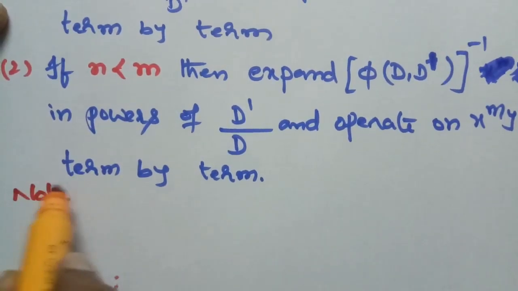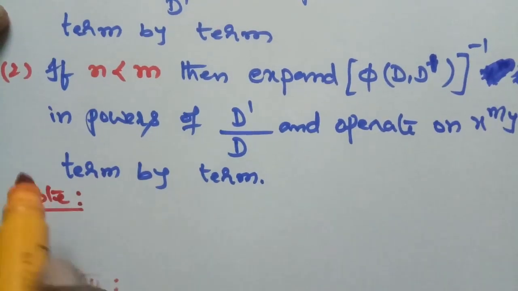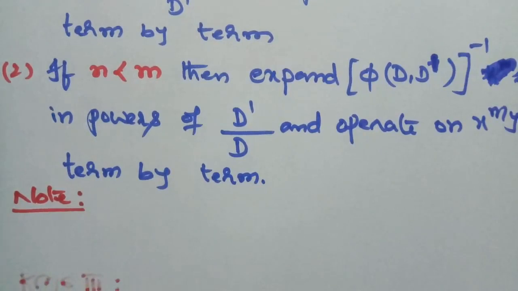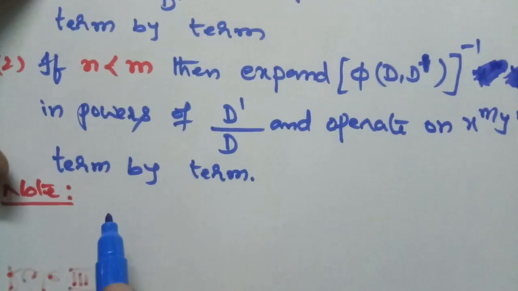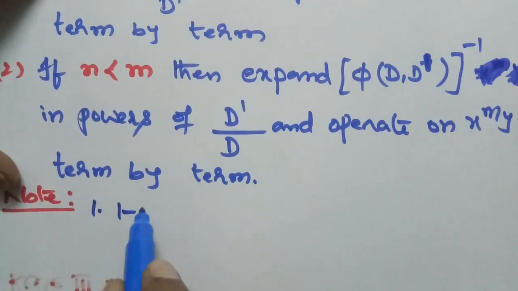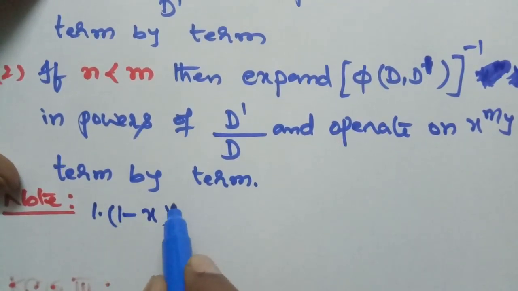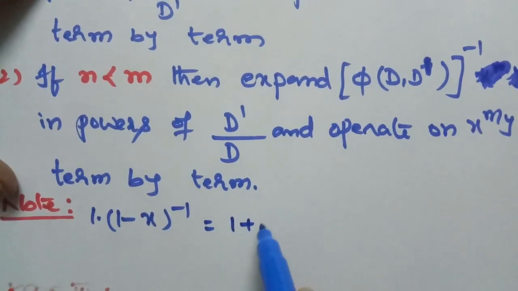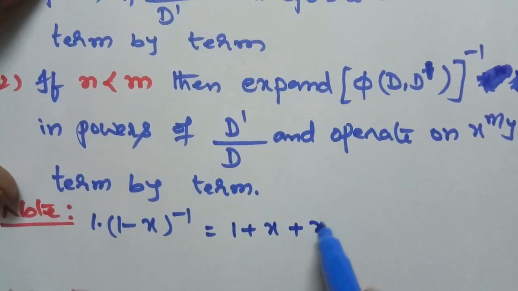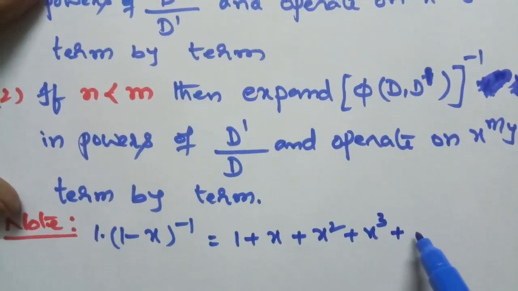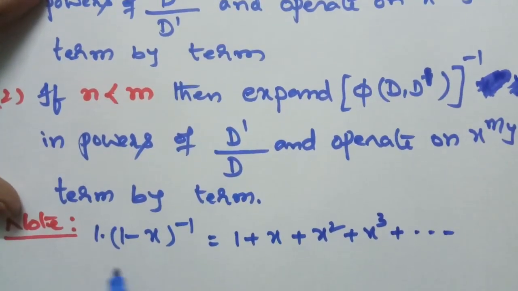Note: to solve the problems in this category, we use the following formulas. (1 minus x) whole to the power of minus 1 is equal to 1 plus x plus x square plus x cube plus and so on.